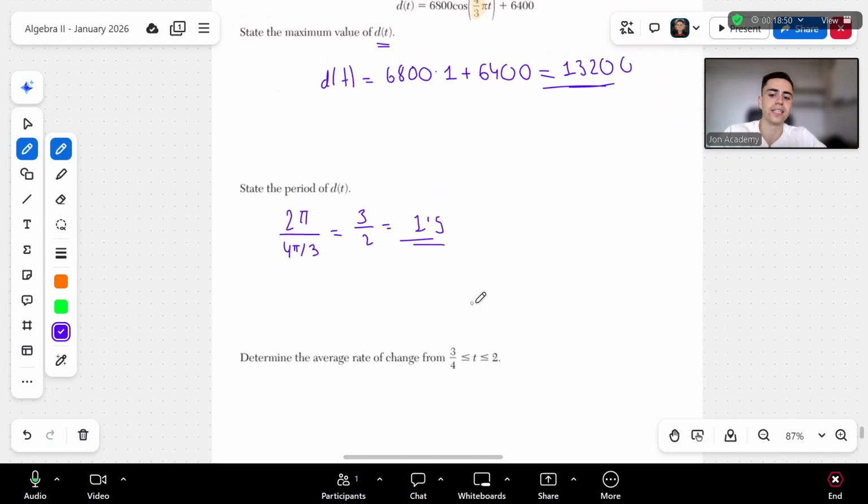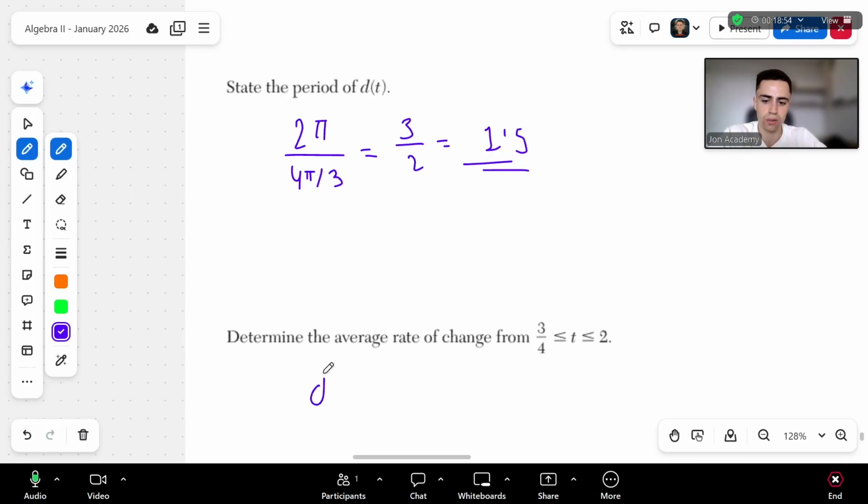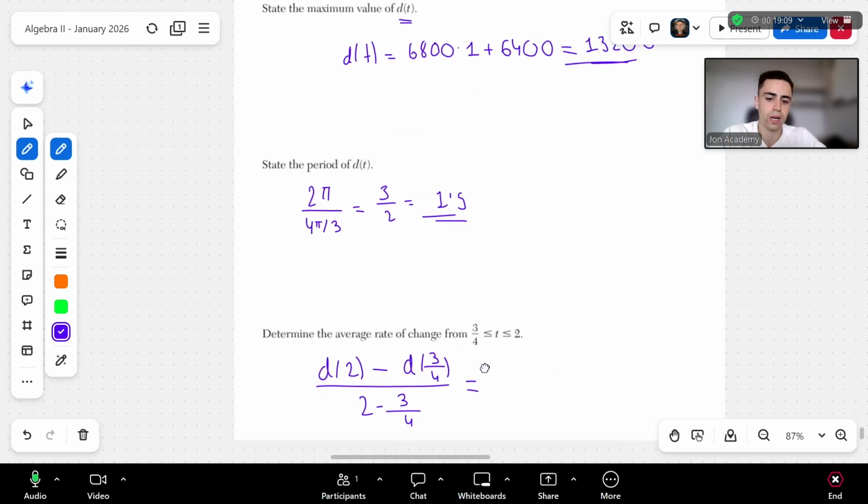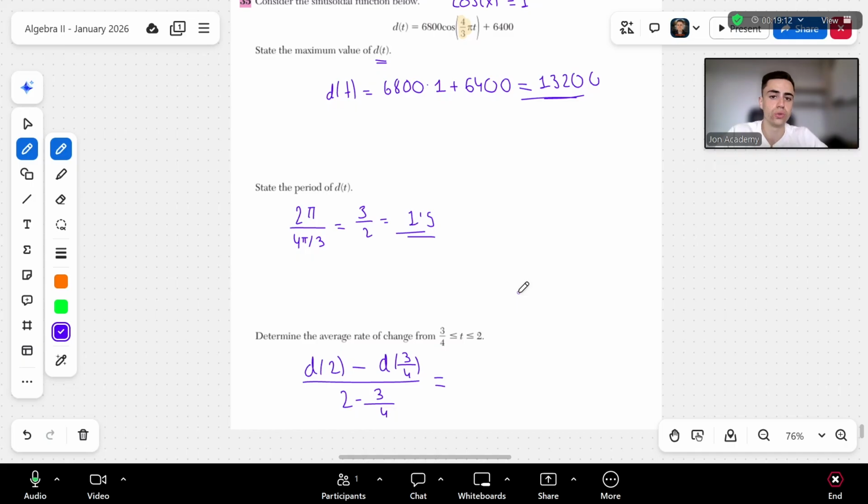And lastly, determine the average rate of change between these 2 points, no? So we are going to do the second one, d(2), the value of y there, minus d(3/4), divided by 2 minus 3/4, no? And now we have to substitute the value 2 in the function.